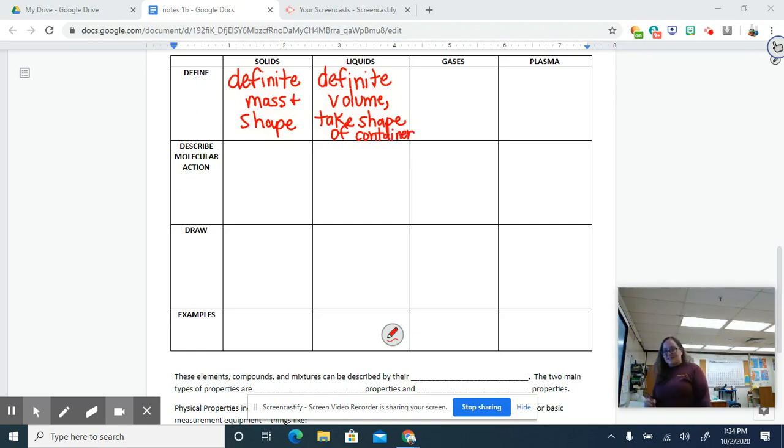All right, gases have no definite shape and no definite volume, and they spread to fill out the whole thing.